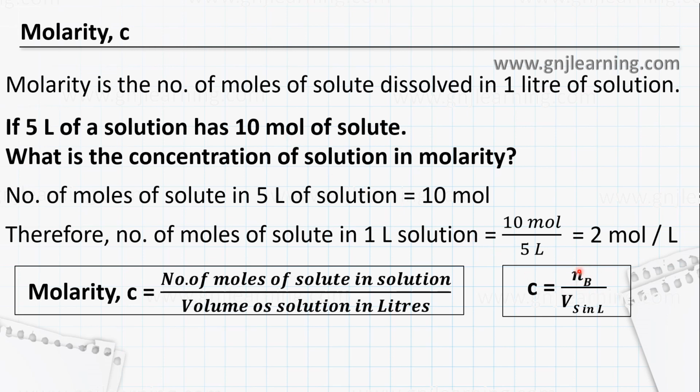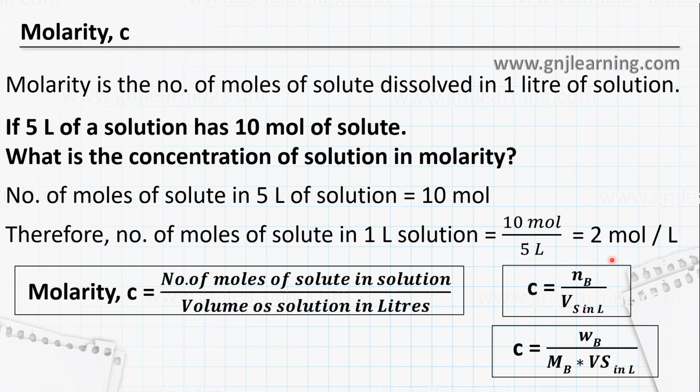So instead of N subscript B, I must apply this equation: C is equal to mass divided by molar mass, because that is number of moles. So instead of N subscript B, I can also use this formula. If the question is giving mass, and if you know the molar mass, you can apply this equation. If the question gives number of moles directly, then you can use the first equation for molarity.